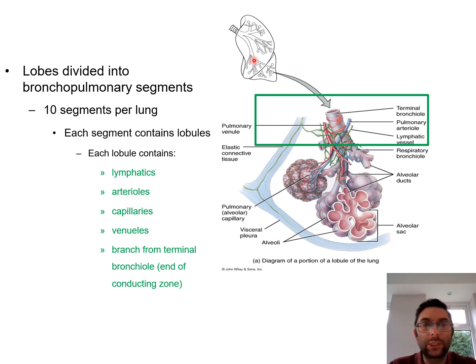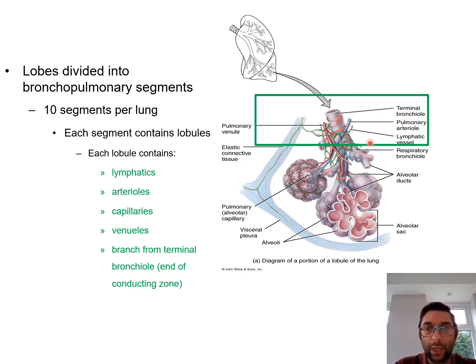So each segment contains lobules, which are these, and they contain lymphatic vessels. These green vessels are the lymphatic vessels, and they carry lymph or interstitial fluid from between the cells, containing bacteria, back to the lymph nodes to be destroyed.